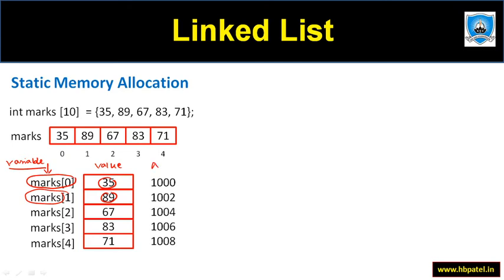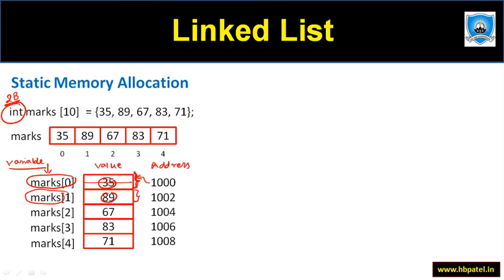Let's assume that these are addresses, because in main memory every location is identified by a unique address. Let's assume that an integer requires 2 bytes of memory. Let's say the address of the very first element is 1000. So 1000 and 1001, these two bytes are reserved for marks 0.